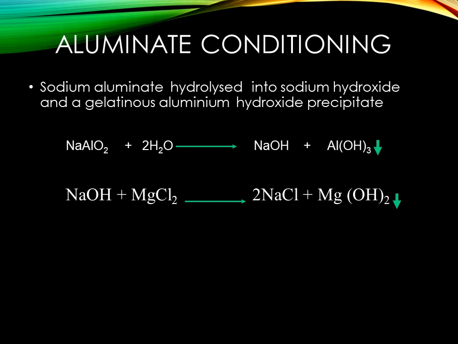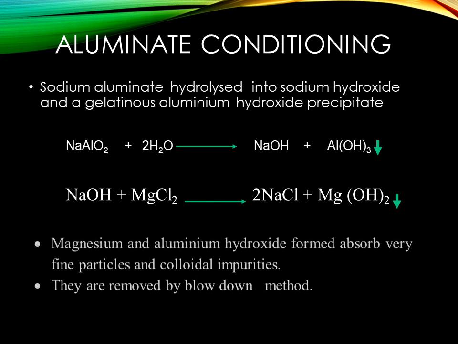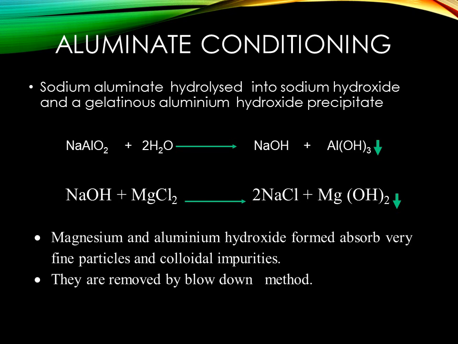NaOH reacts with MgCl2 to give NaCl plus magnesium hydroxide precipitate, Mg(OH)2. So the magnesium and aluminium hydroxides formed absorb very fine particles and colloidal impurities. After that, they are removed by the blow down method.